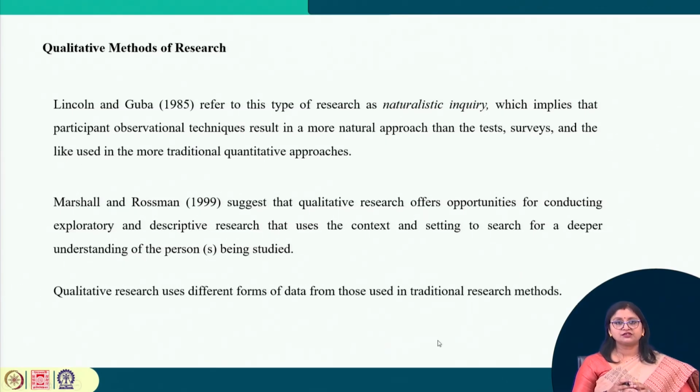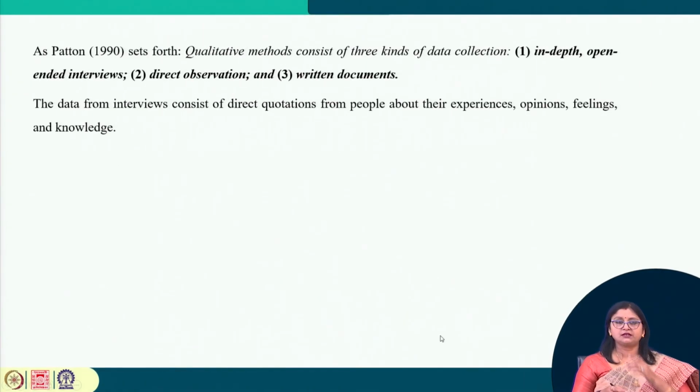Qualitative research uses different forms of data from those used in traditional research methods, which we discussed in the previous lecture. As Patton in 1990 set forth, qualitative methods consist of three kinds of data collection: first, in-depth open-ended interviews; second, direct observations; and third, written documents.